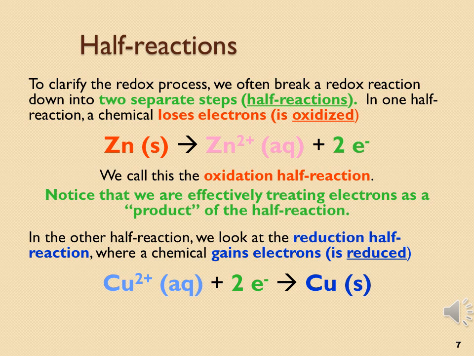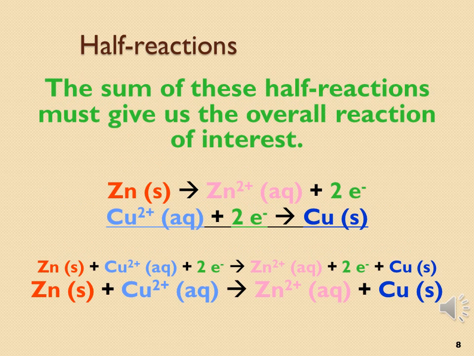In this case, the copper ion has a charge of 2 and it is moving to an atom of copper solid which has an oxidation state of 0. So we are moving from a positive charge of 2 to a charge of 0, and therefore we are saying this is a reduction reaction. The sum of the half reactions that we've looked at above must give us the overall reaction of interest.